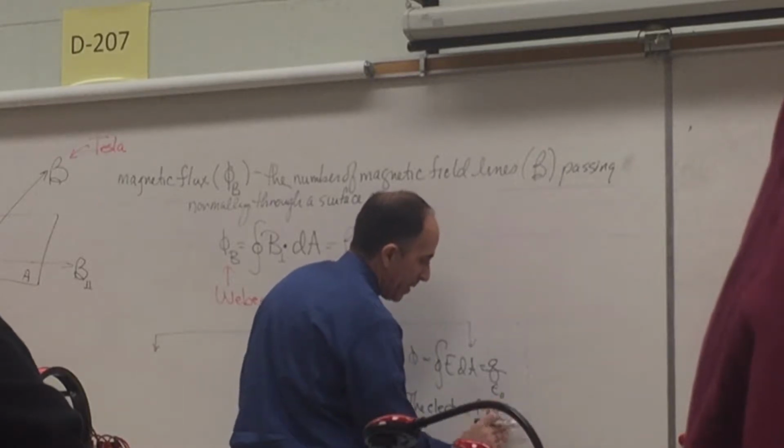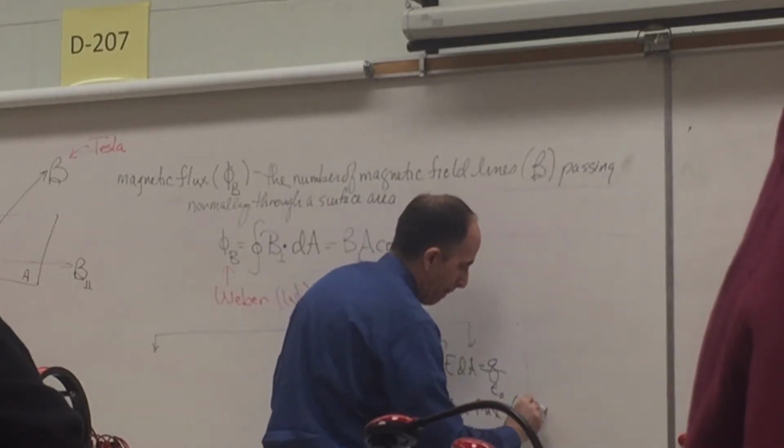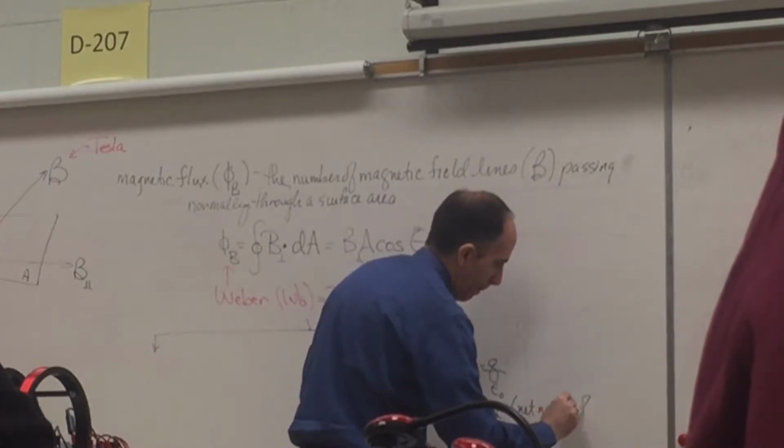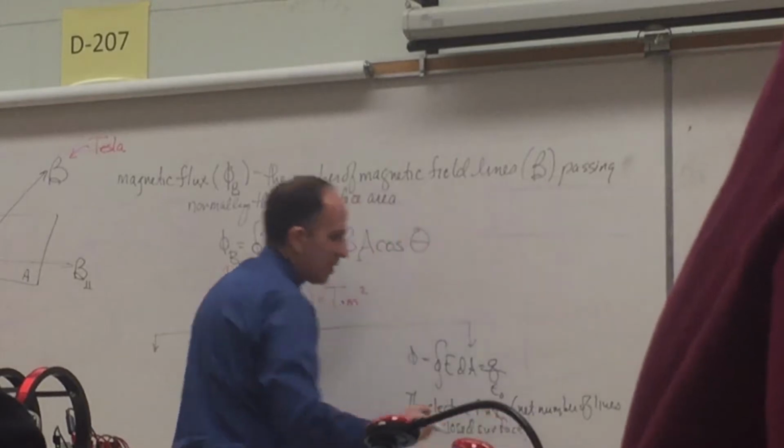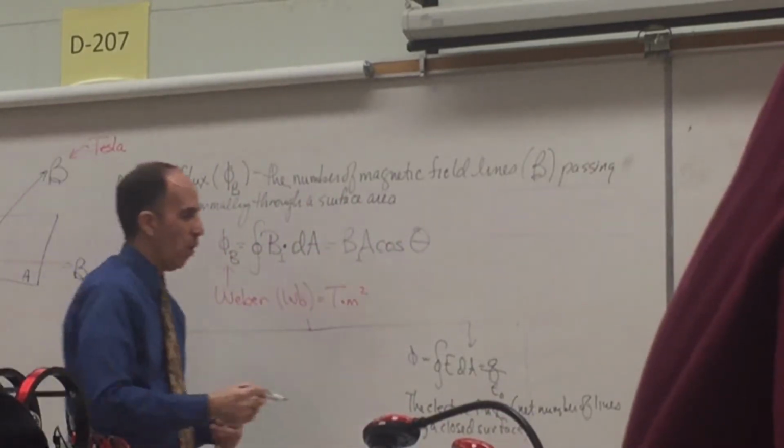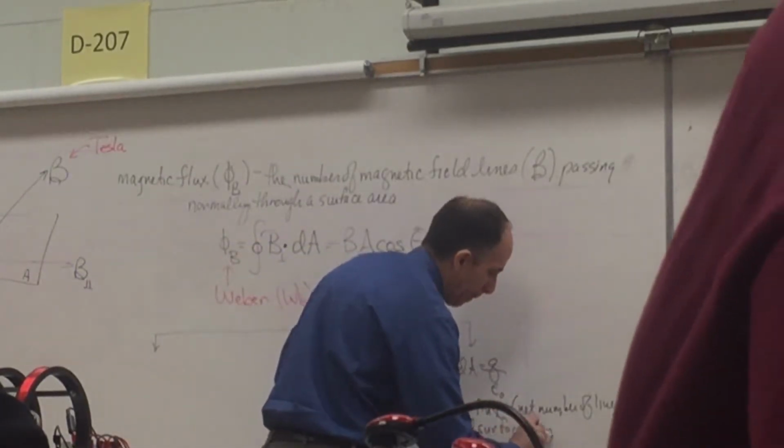Or another way of saying it is the net number of lines is proportional to the charge enclosed. You can say either is directly proportional or is numerically equal, however you want to say it.